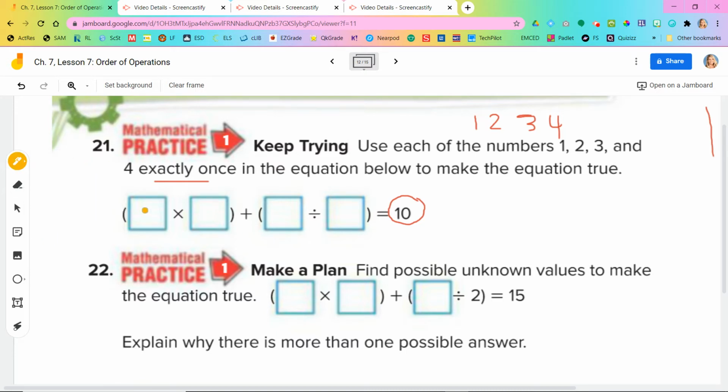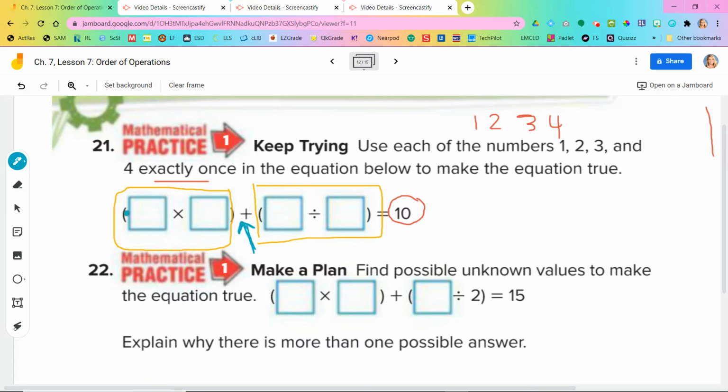Instead of worrying about the numbers that go in here first, let's think about this group and this group. Now, what are we doing to my two groups? I'm adding my two groups. So let's think about this.